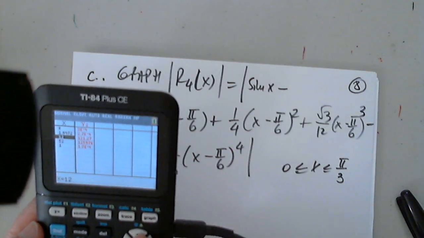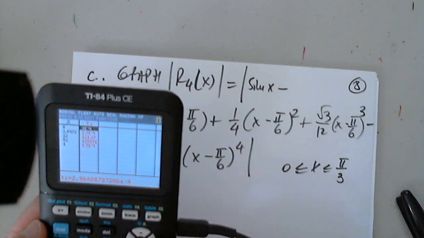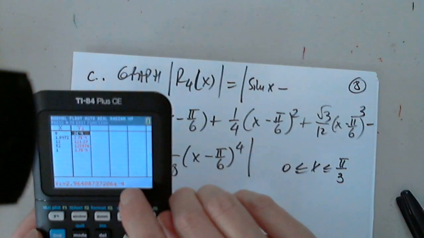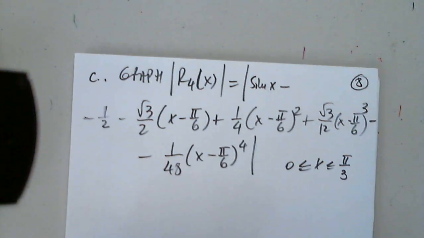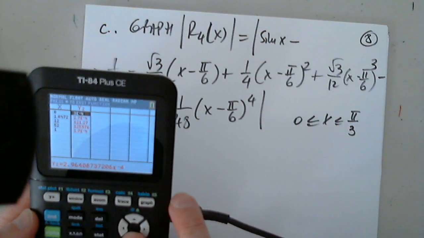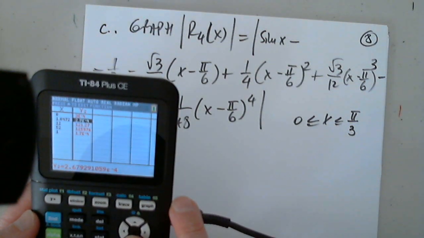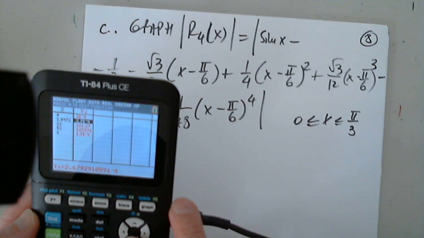So the first one is e to negative 4, 2.7.